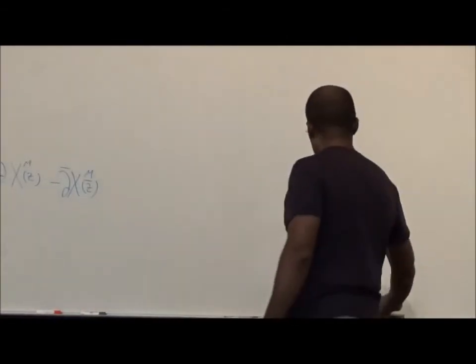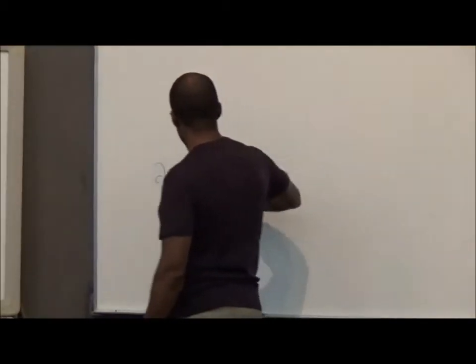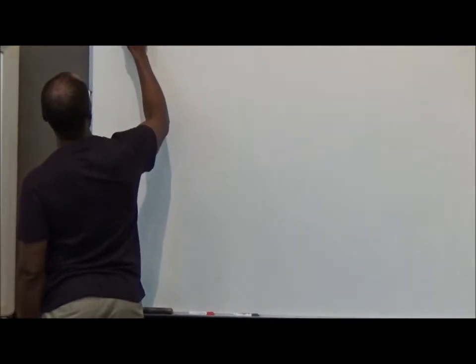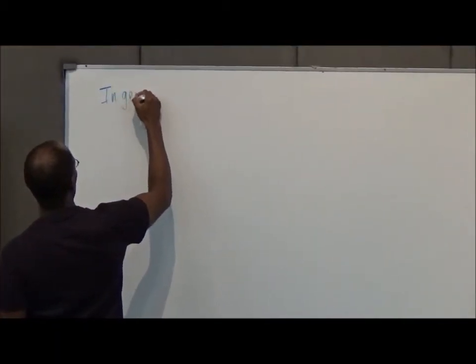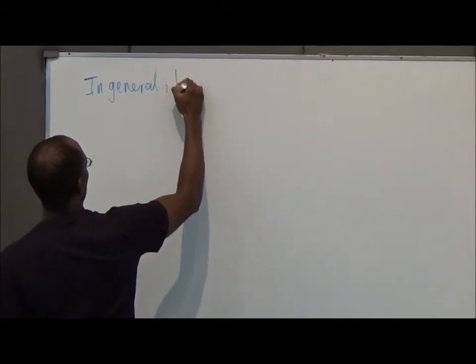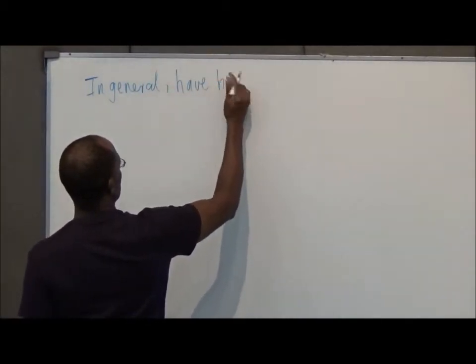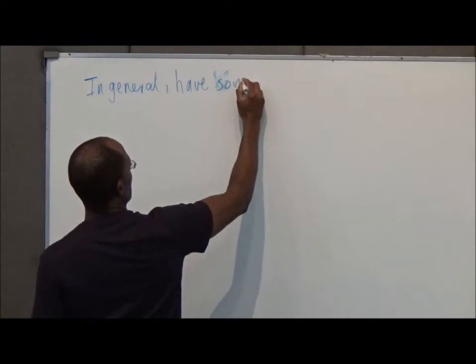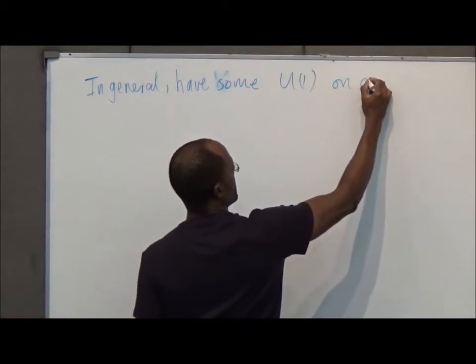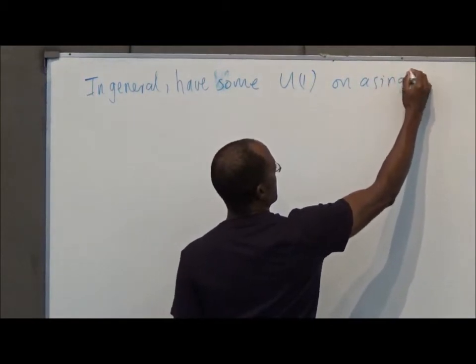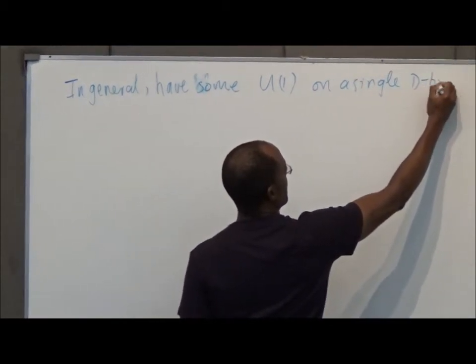So I guess I should say that, in general then, we have some U1 on a single D-brane.